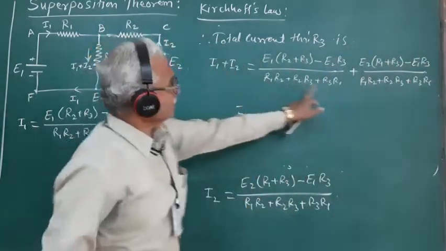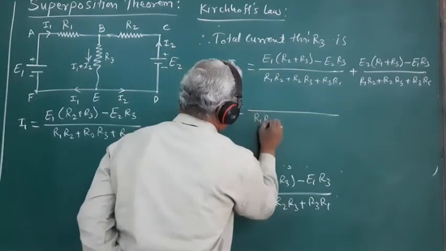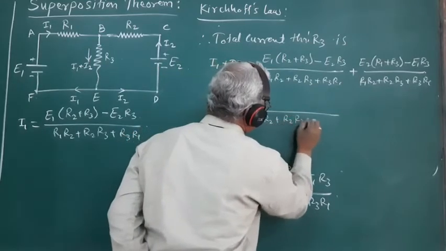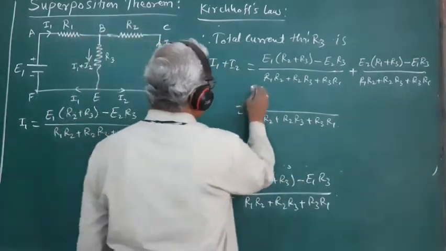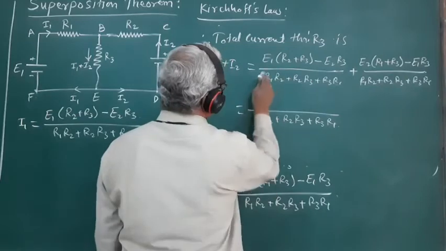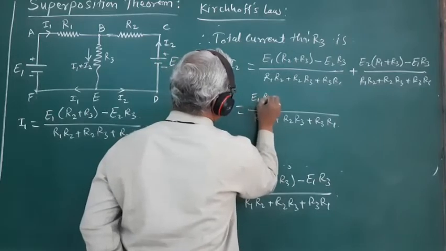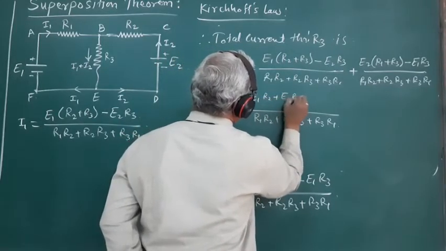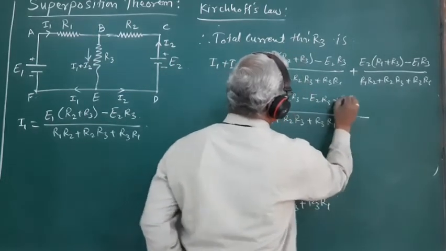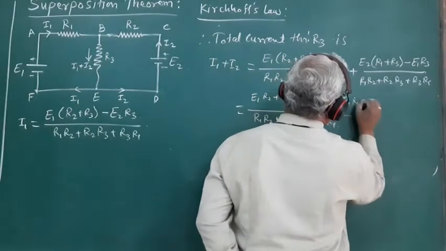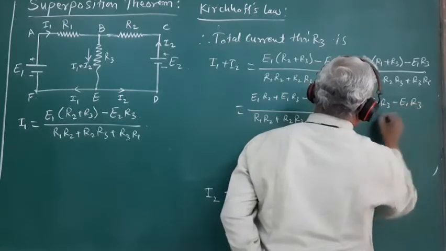Taking this LCM, we can express it as R1 R2 plus R2 R3 plus R3 R1, and the numerator will be, separating this bracket, E1 R2 plus E1 R3 minus E2 R3 plus E2 R1 plus E2 R3 minus E1 R3.